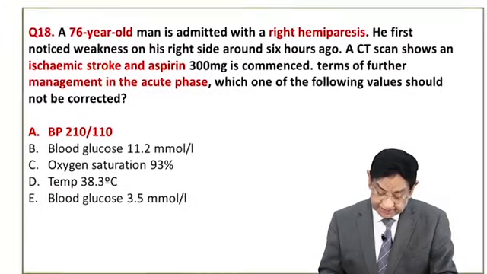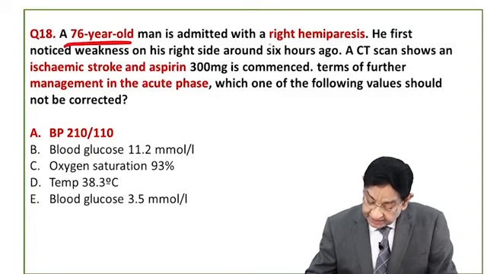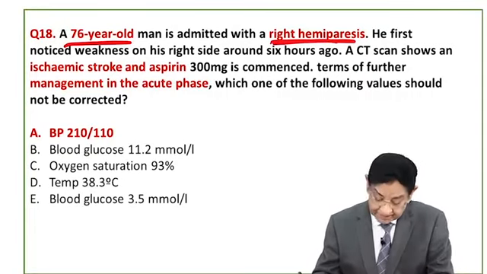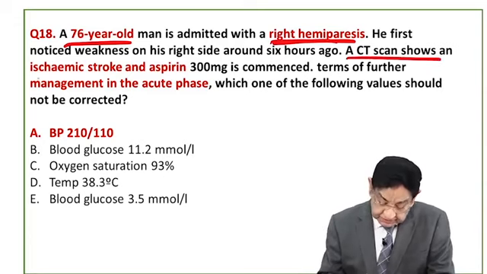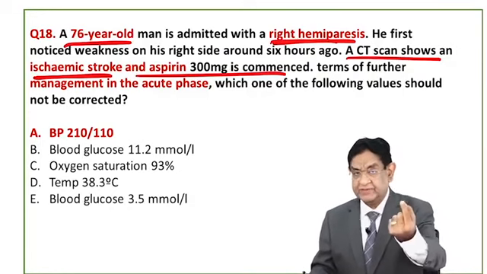Quite possible that a 76-year-old gentleman, right hemiparesis stroke. CT scan shows ischemic stroke and aspirin started. As usual, the first thing we start is aspirin.